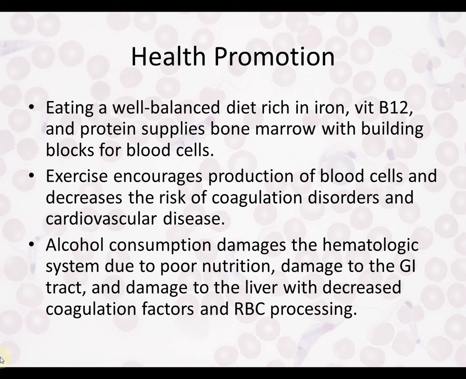And it damages the liver, resulting in decreased coagulation factors and erythrocyte production. The nurse can play a critical role in identifying opportunities to promote lifestyles that ensure the health of the hematologic system. You need to advise them on their diet and any contributing factors that they have for anemias.